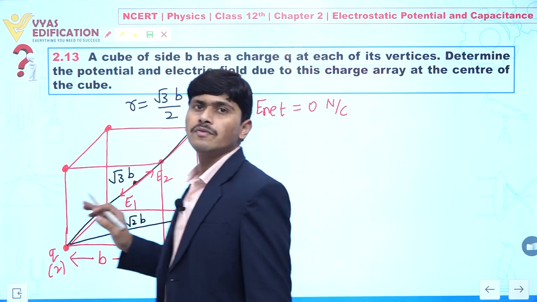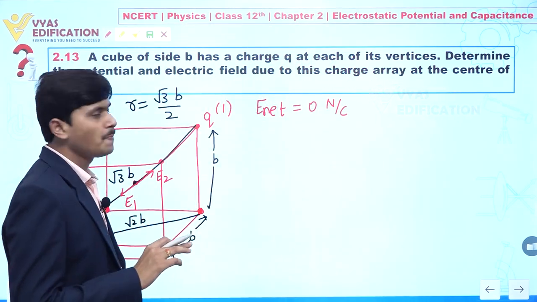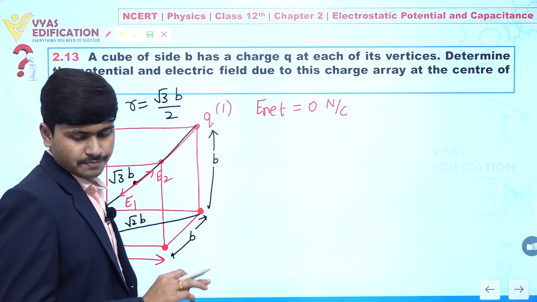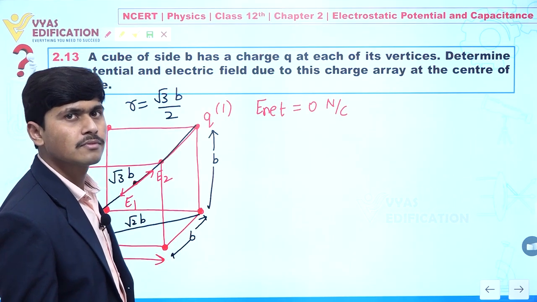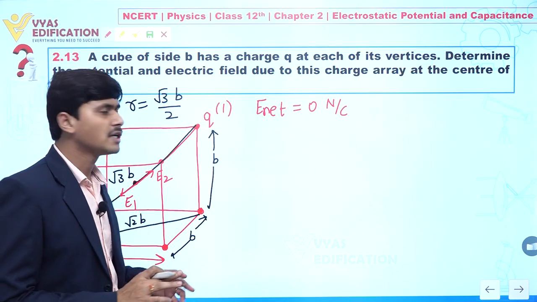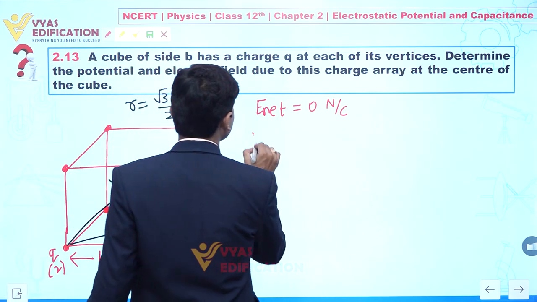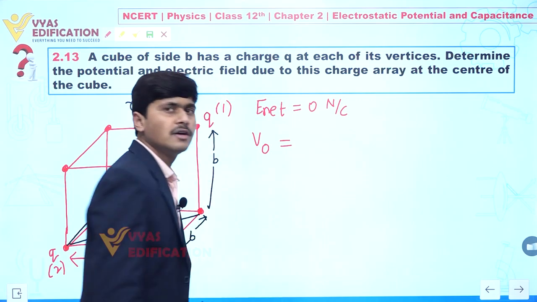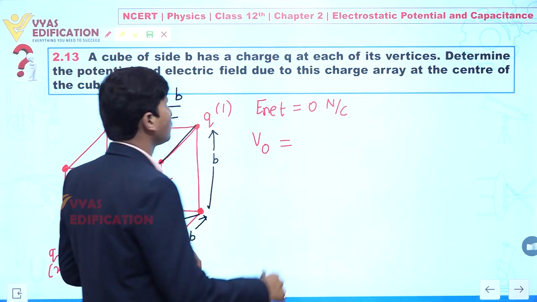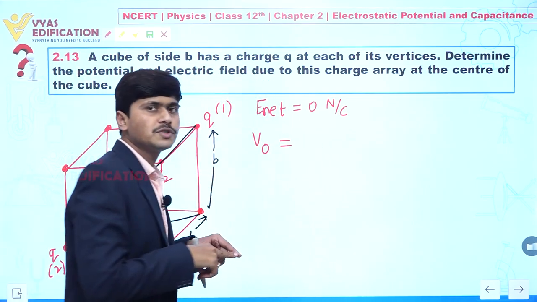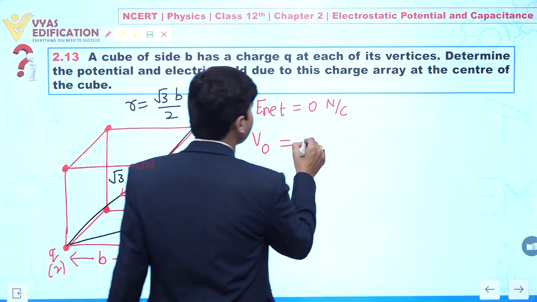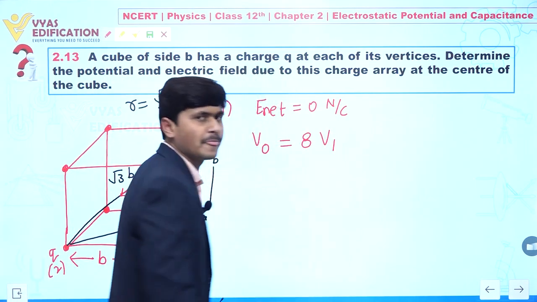And now we are going to discuss potential, clear. So if we talk about potential, so potential means we can say this is V0, clear. V0 is equal to, actually we have a total number of charges 8, yes, so we can say this is 8 times V1, clear.